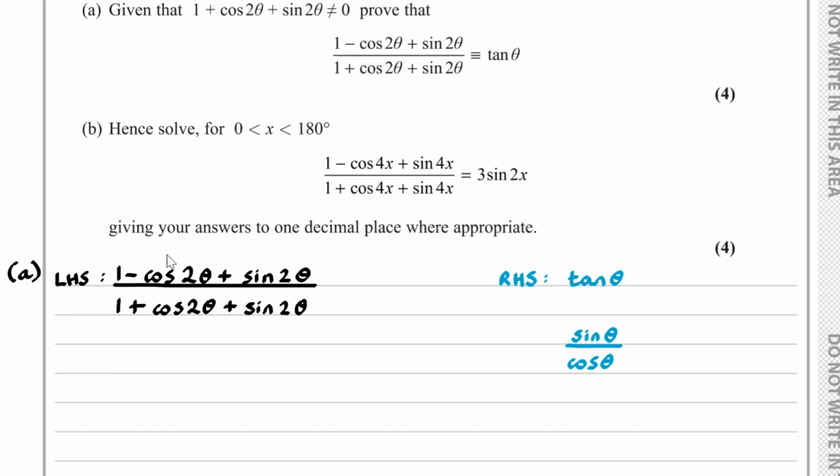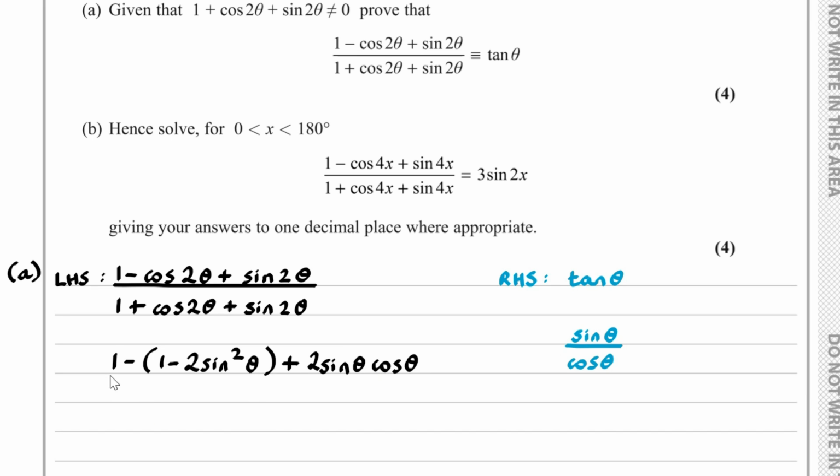Now, if we use a known identity, cos 2 theta is the same as 1 minus 2 sine squared theta. Now here you'd notice we've got 1 minus 1, which is 0. That's useful to know. And the sine 2 theta we'll leave as 2 sine theta cos theta.